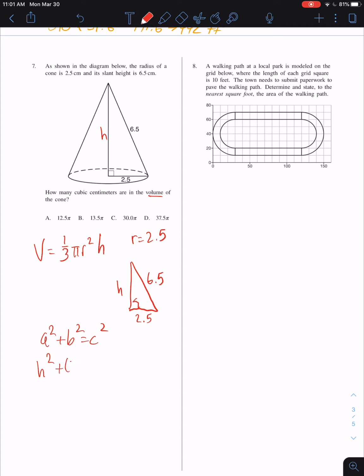H squared plus 2.5 squared is equal to 6.5 squared. 2.5 squared is 6.25. And 6.5 squared is 42.25.